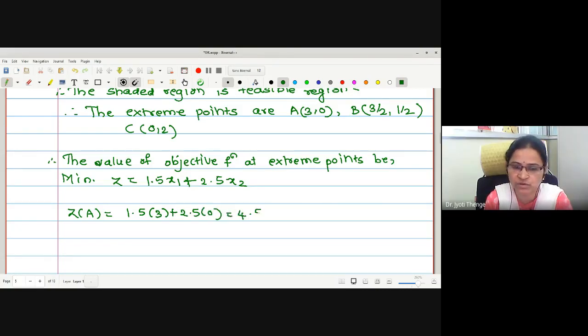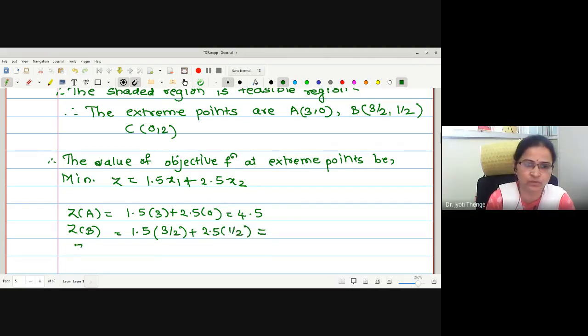What is z at B? 1.5 into 3 by 2, it is 1.5, 1.5, one can say, and 2.5 into 1 by 2. Can anyone tell me this value? What is the value of z at B?